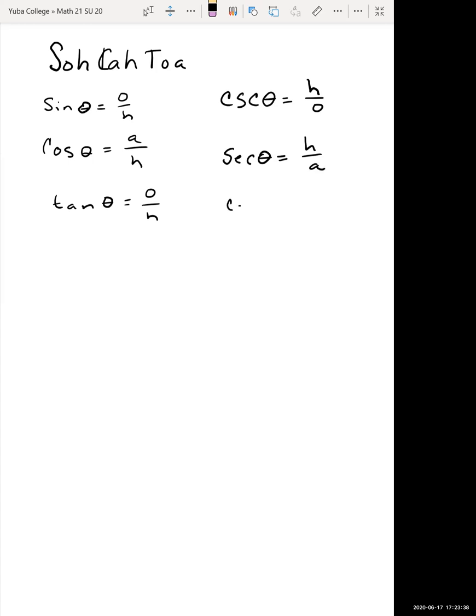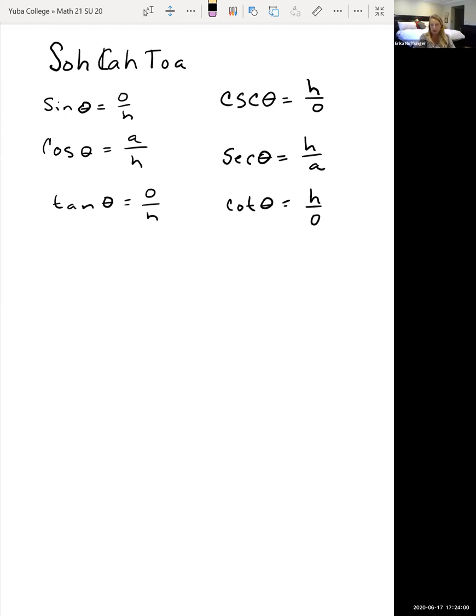And then we had cotangent theta, which is the reciprocal of tangent theta, which is hypotenuse over opposite. When we talk about opposite and adjacent, that really depends on which angle you're looking at in the right triangle. Hypotenuse is always going to be the same side, and it's always opposite the 90-degree angle.